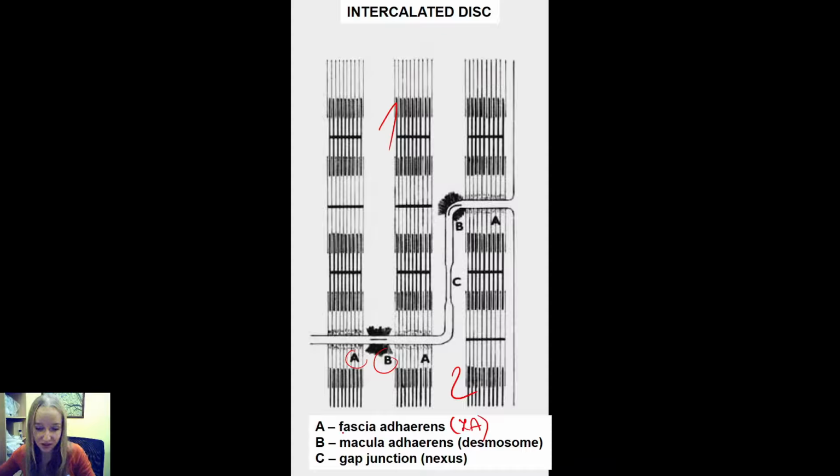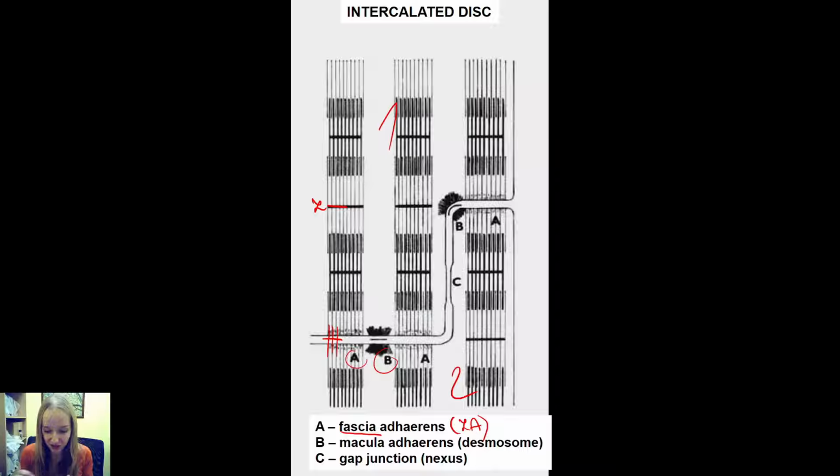You just need to know that fascia adherens is located in intercalated discs, and it's connecting these thin filaments in the myofibrils. So it's really like a Z line. So here we have a Z line. It's very similar to a Z line. So you don't have Z lines between two cardiomyocytes. You have fascia adherens, because you don't want to lose the contraction between the cells.